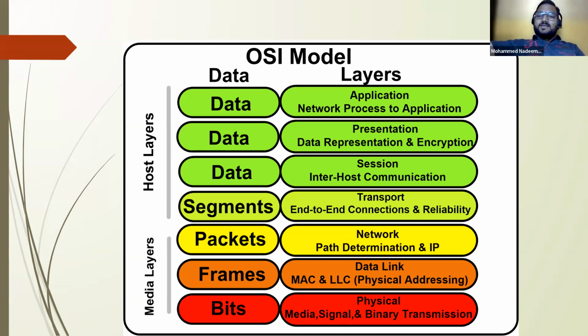Do they need to go and check the application? Do they need to go and check why the client is not connecting? No, because the physical connectivity should be first. Then the switch will come, then the router will come, then the firewall will come. This is how the network will work. So the complete networking is on this OSI model.